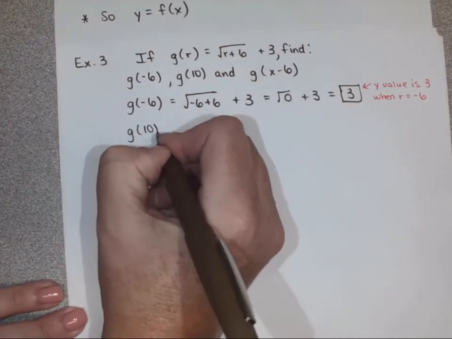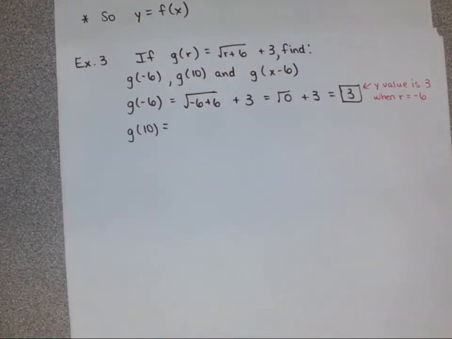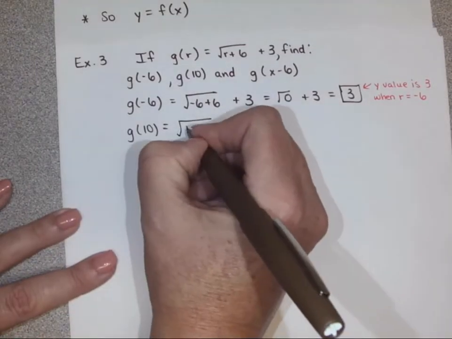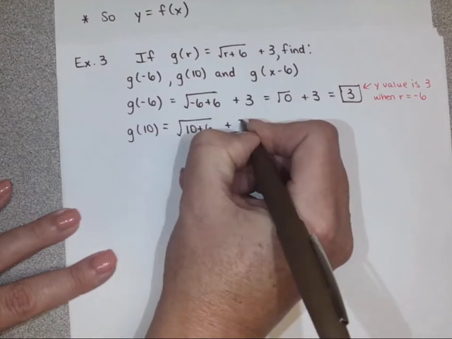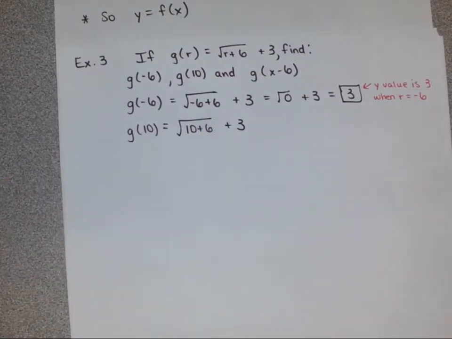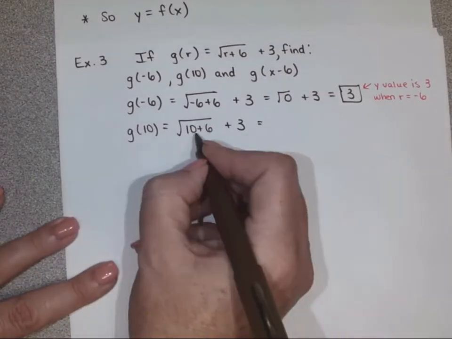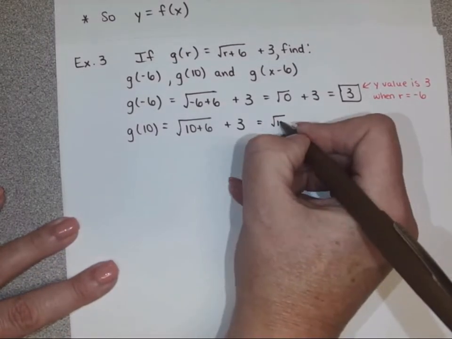Okay, so what will be different if I ask you to find g of 10? Same concept, but what will I insert in for the variable this time? 10, right? So it'll be square root of 10 plus 6, and then a plus 3 on the outside. So just like I did before, let's clean up under the square root. So 10 plus 6 is just 16.